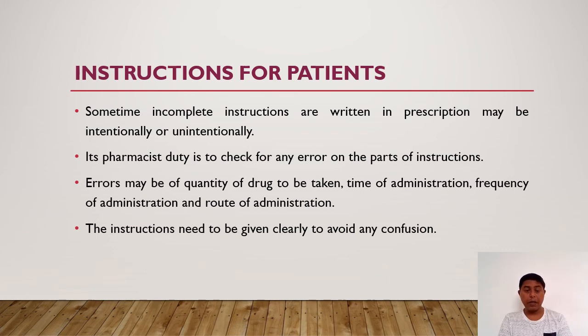Error may be of quantity of drug to be taken, time of administration of the drug, frequency of administration of the drug, and route of administration of the drug. Instructions need to be given clearly to avoid any confusion.